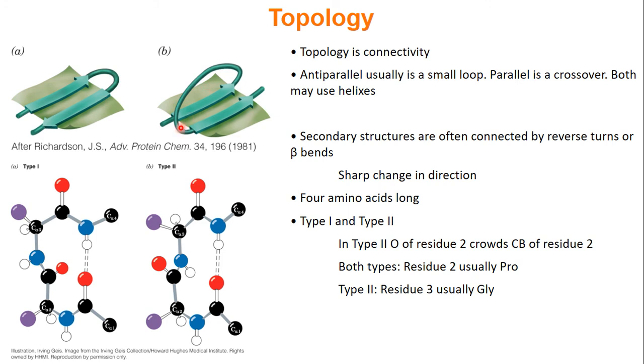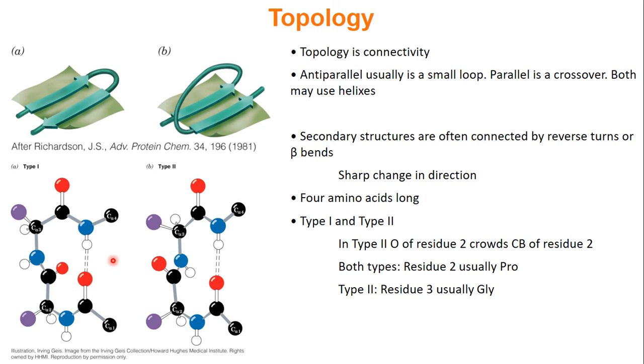For parallel beta sheets, it's a little more difficult to have a turn, so you usually have to loop above and over or under and over to have this connection. And these tight turns, we have a name for them. They're usually called reverse turns or beta bends. It's just a very sharp turn in protein direction. As you can see, this is an extremely sharp turn.